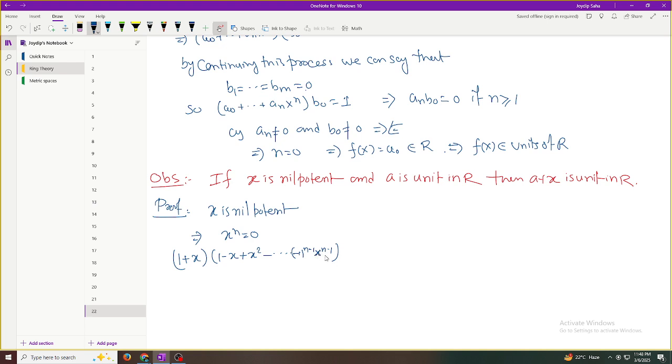What is this? I think 1 minus x to the power n, right? Yes, that formula, sir. That is 1, right?